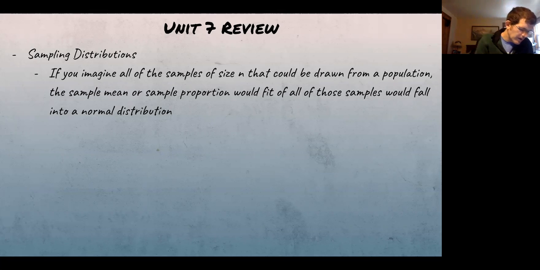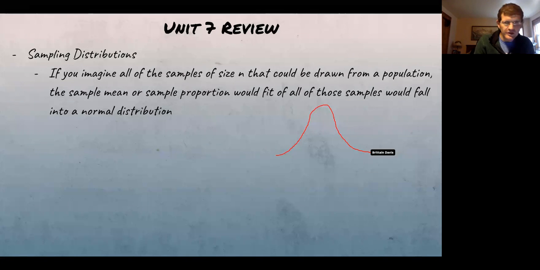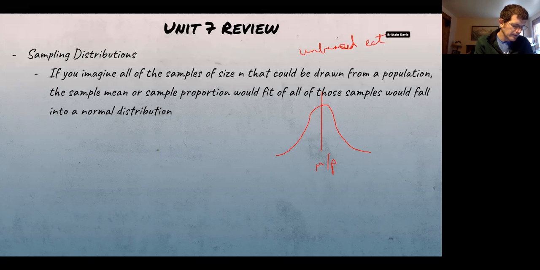They are going to fit around the true population parameter in a normal distribution. If you're going for means, you're going to have a true mean. If it's proportions, you're going to have a true proportion that everything centers around, because another thing in here is that it's an unbiased estimator. Okay, so that came up.